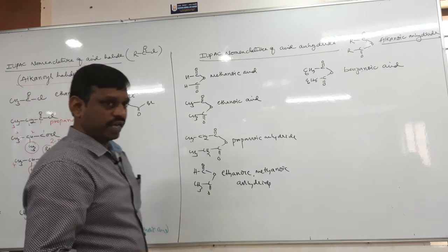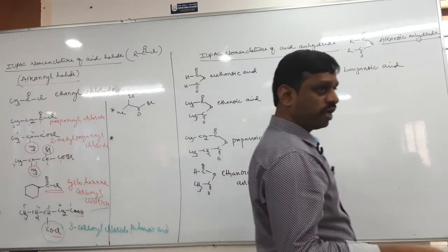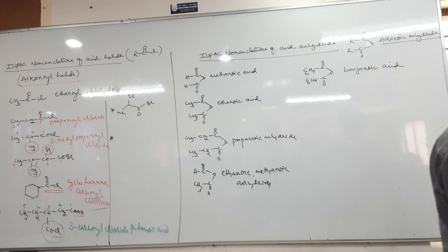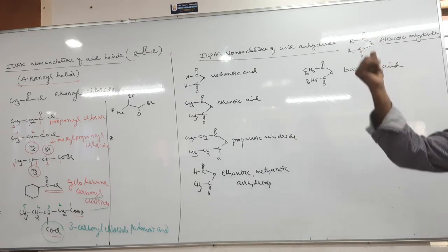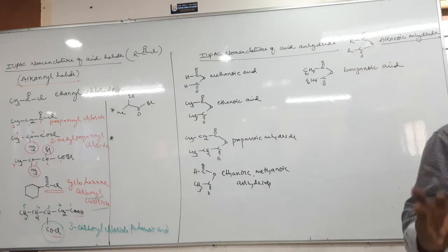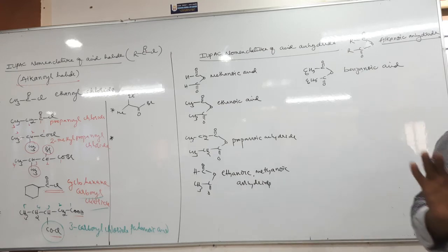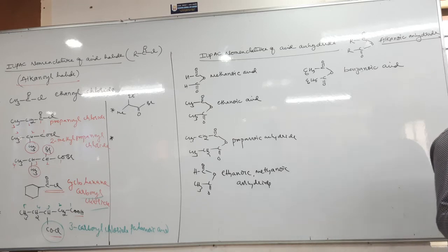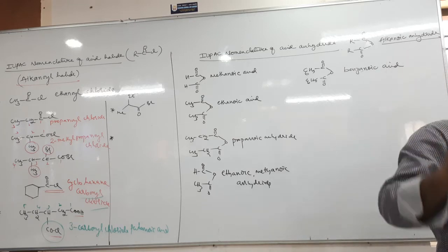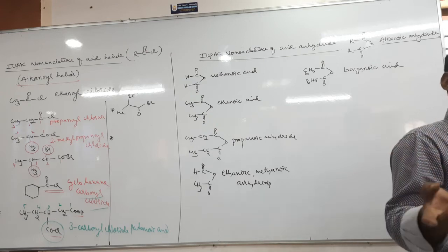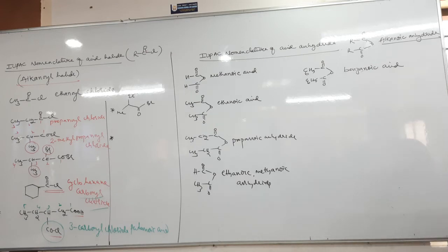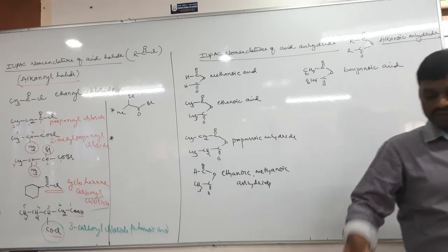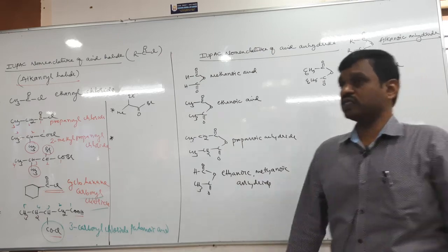So in today's class we have completed IUPAC nomenclature of carboxylic acid and all its derivatives. So what is the IUPAC name of carboxylic acid? Alkanoic acid. If alkanoic acid is not possible, what is the alternate name? Alkane carboxylic acid. Only these two. Next, second is esters. What is the IUPAC name of ester?